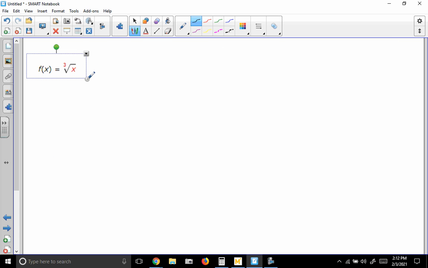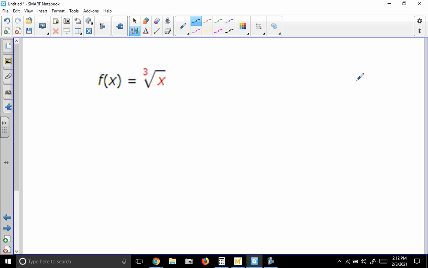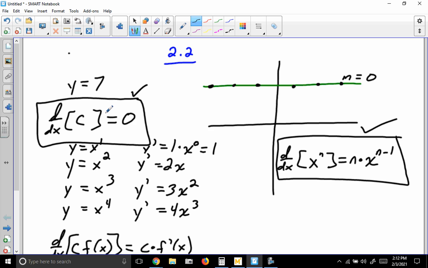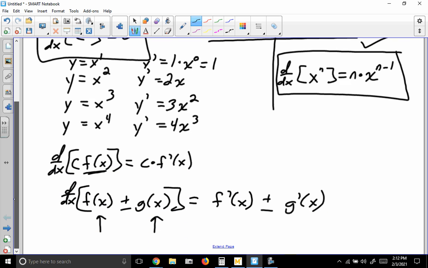So we're still limited to an extent on what we can do, and there are lots of functions that we deal with that we haven't run across yet. So let's look at some examples of what we can do, and then maybe look at some of the limitations of the rules we have so far. If we look back at our rules, there was no rule that involved a square root or a cube root.